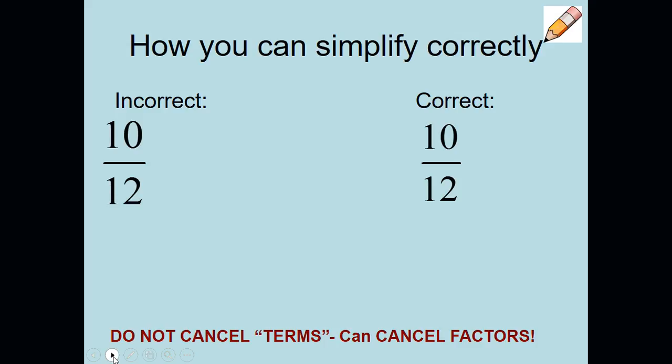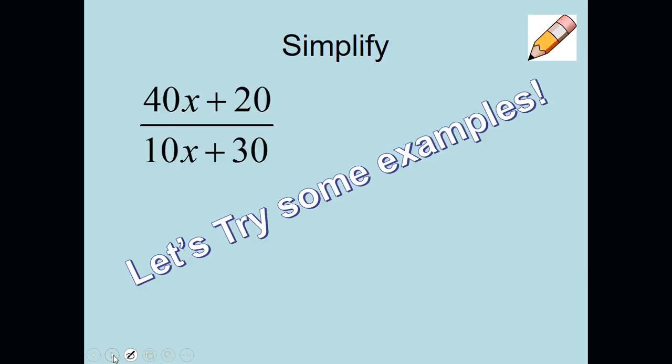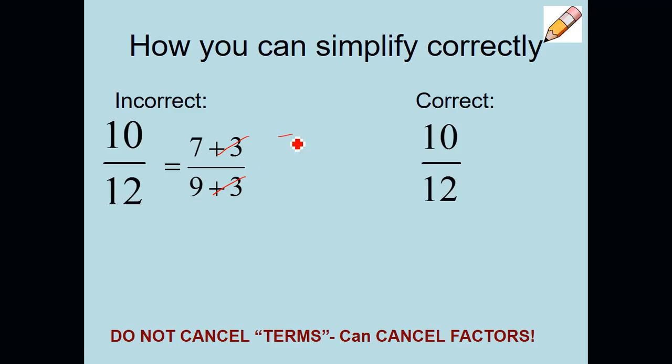It's incorrect to simplify fractions by dividing them up into things that are adding, like 7 plus 3 is in fact 10. This is true. 7 plus 3 is 10, and 9 plus 3 is 12. But you cannot now cancel off these threes. That is not legal, because then you would get an answer of 7/9, right? That's what would happen.